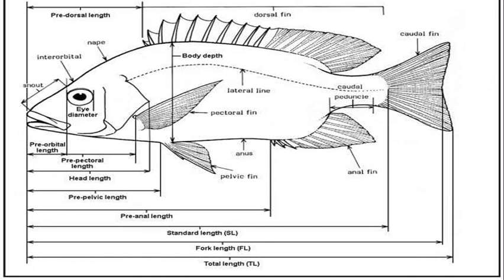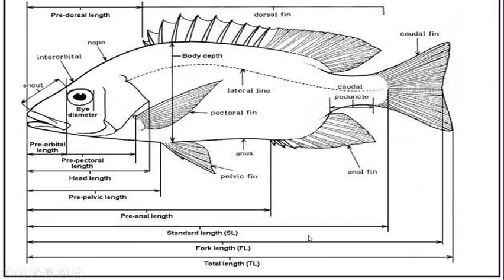These are some lengths about which we have discussed in this video, and let us summarize. First, the total length, which we can see from the tip of snout to the end of the tail.